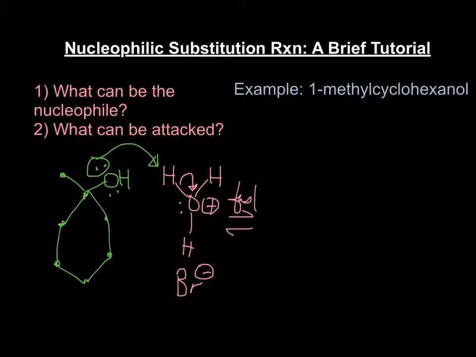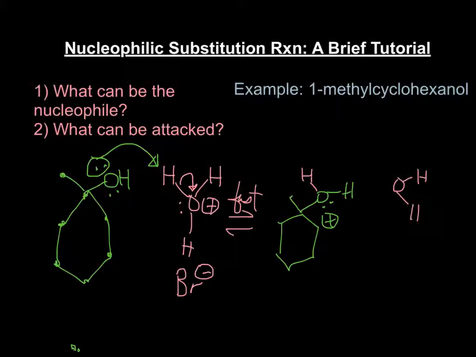We're going to see that often: protonation steps typically are going to be reversible and fast. So now the oxygen is protonated, and we have a water that's left behind from the original acid. And we still have the Br minus.